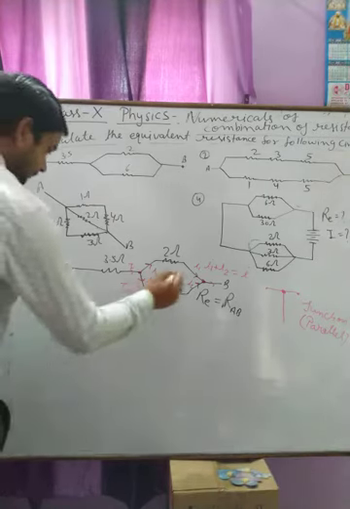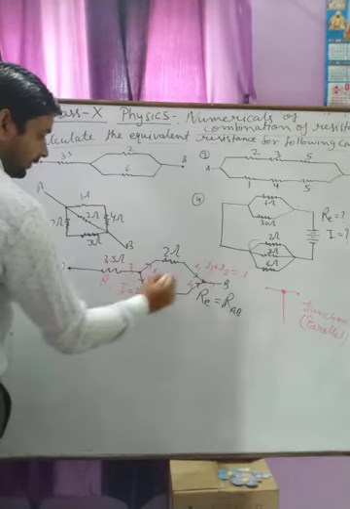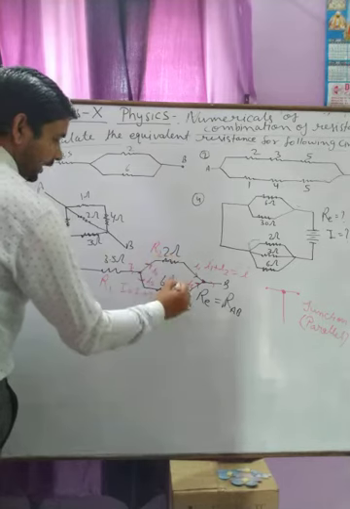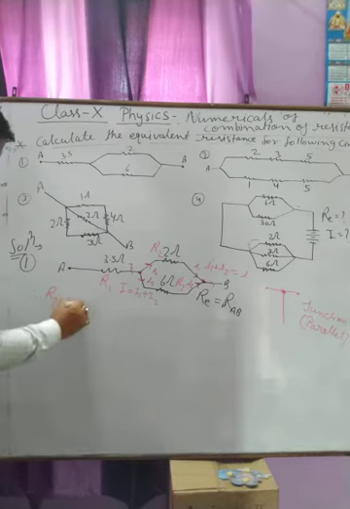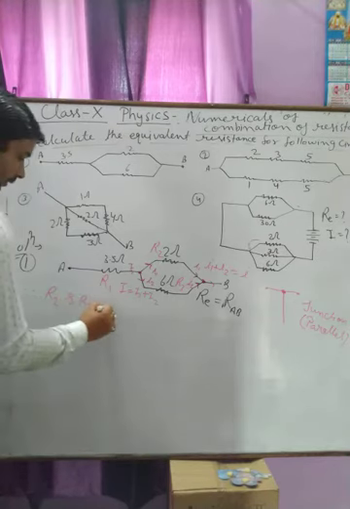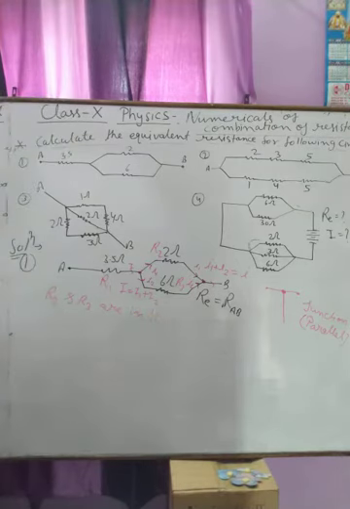So first we calculate this. Let this be resistance R1, this is R2, and this one is R3. Therefore R2 and R3 are in parallel combination.